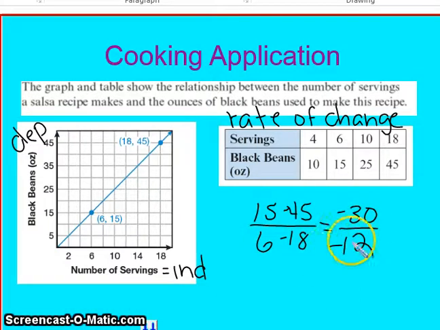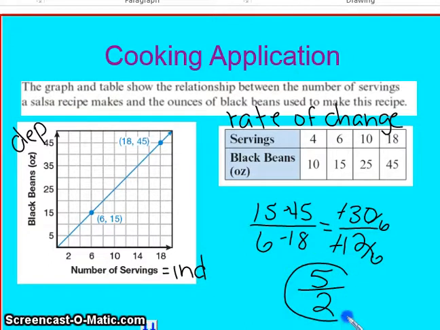And I want to simplify this as much as possible. Now, of course, my negatives cancel. Negative divided by a negative is a positive. And these two numbers are both divisible by 6. So 30 divided by 6 would be 5, and 12 divided by 6 would be 2. So my rate of change here is 5 over 2.